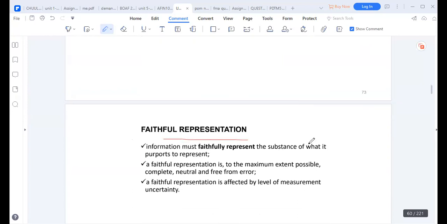Faithful representation means that whenever you're providing information, it must represent the true substance of what it purports. It must give, to the maximum possible extent, neutral information that is free from error. That's why we have auditors, to see that the information you're providing is nothing but the truth. Are we together so far?